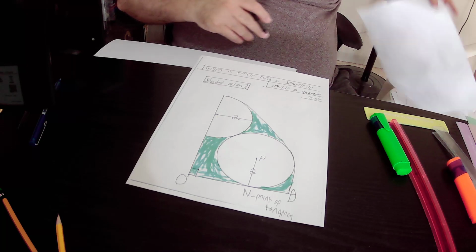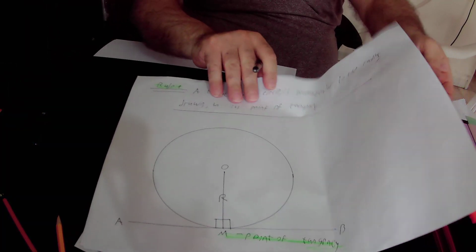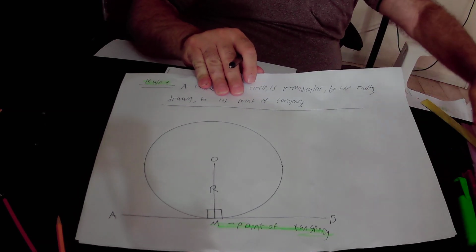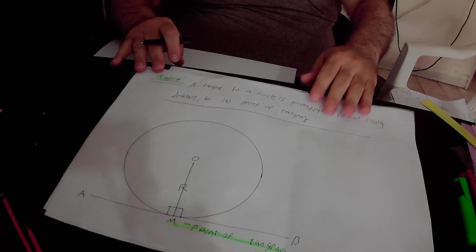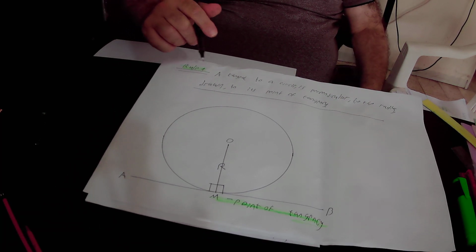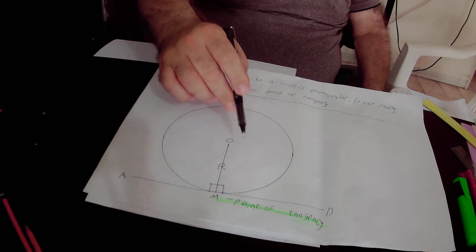And we have rule number 1: a tangent to a circle is perpendicular to the radius drawn to its point of tangency. OM is the radius, M is the point of tangency of tangent AB with this circle.